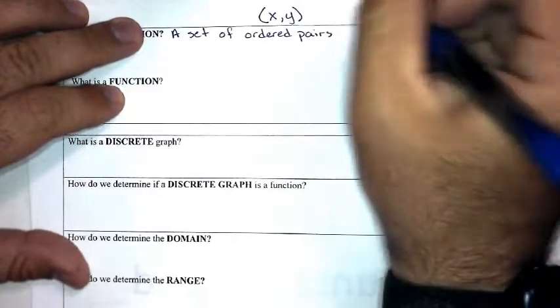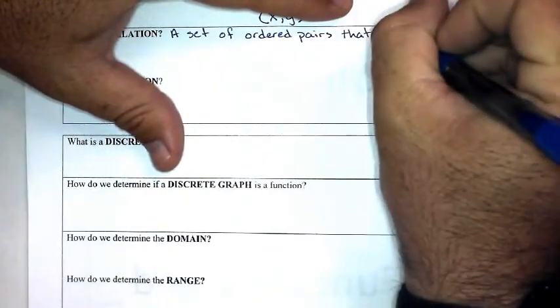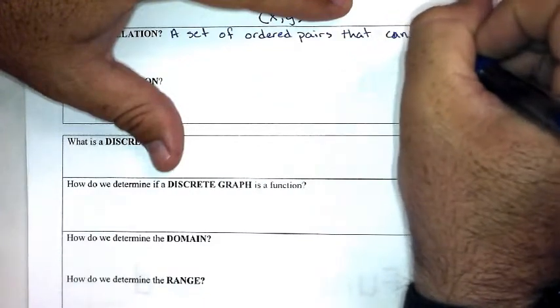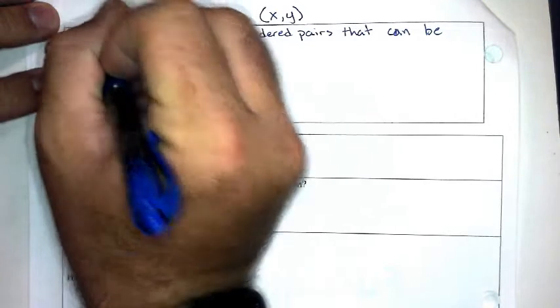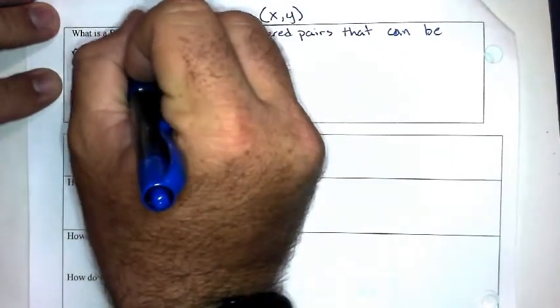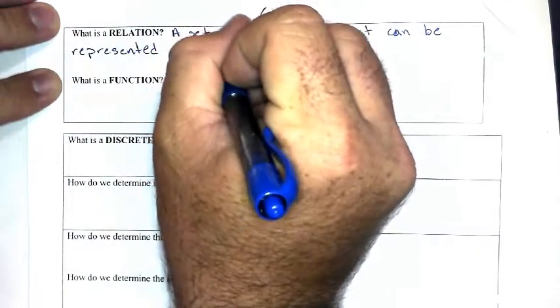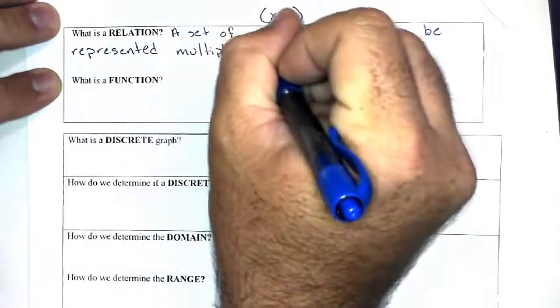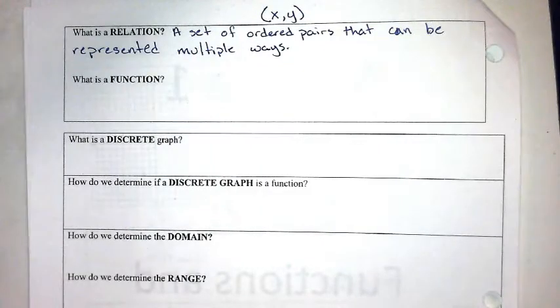It's a set of ordered pairs that can be represented multiple ways. Now, what do we mean by multiple ways? We're talking about graphs, tables, equations, lists, all that stuff. That's what we mean by multiple different ways.